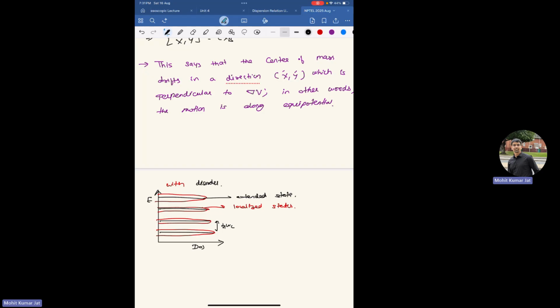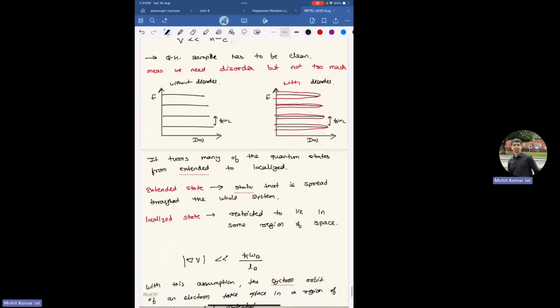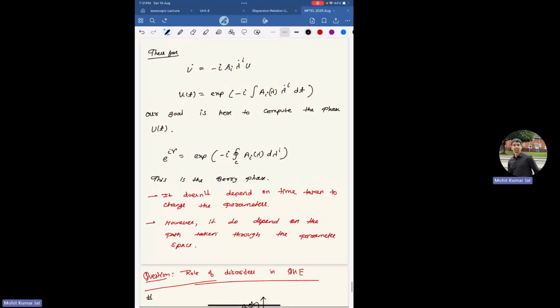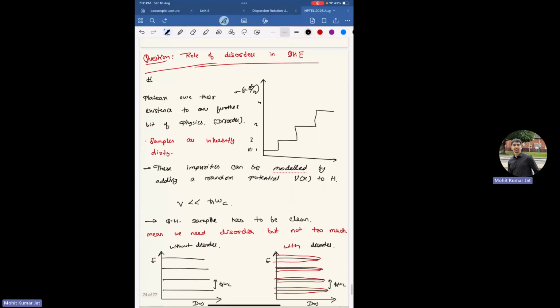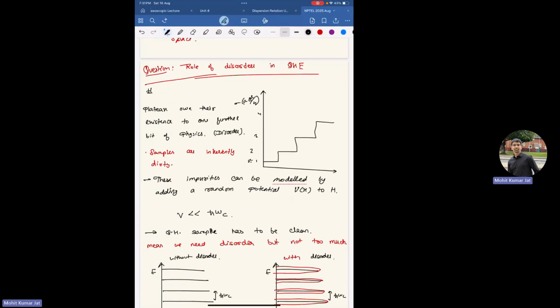So over a range of the carrier density, you do see those nice plateaus, and that's how the impurities in the system, meaning these localized potentials, help you observe these nice plateaus. So this problem is about how disorder helps you observe the quantum Hall effect in a system.